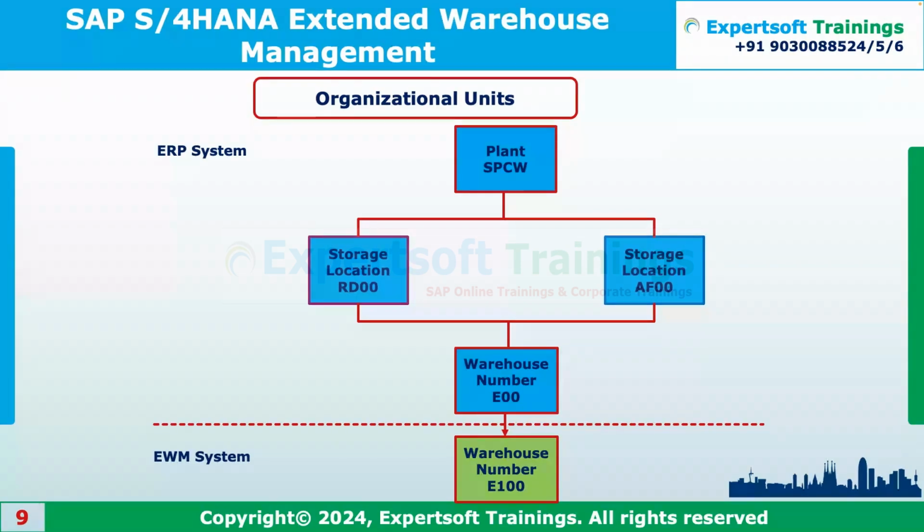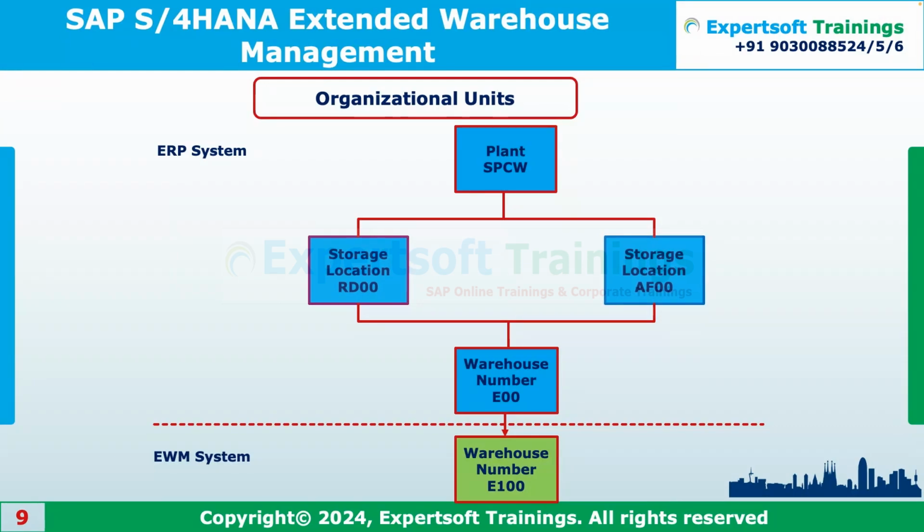Company code is on a very high level, where you are going to generate your profit and loss statement, and all the financial activity can be measured on your company code level. Plant is an organizational entity which can be your manufacturing unit, a central warehouse, or a headquarter. So a plant can serve many purposes.